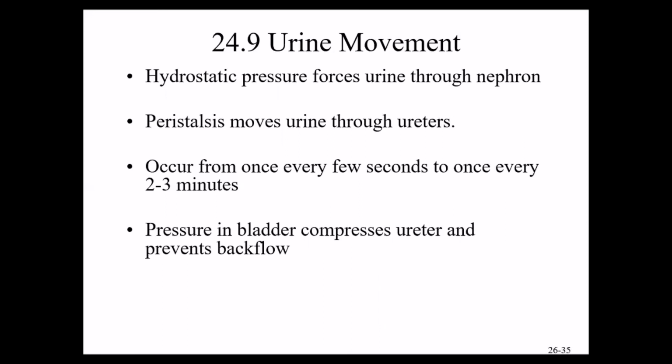The smooth muscle contractions, wave-like motions that are pushing something through the tube, and that's what's happening for the ureters. They're pushing the urine through these muscular tubes. Every few seconds, every couple of minutes, they're contracting, and that's pushing the urine through the tubes until it reaches the bladder. And the urinary bladder is what's going to store the urine until it is released through the urethra.